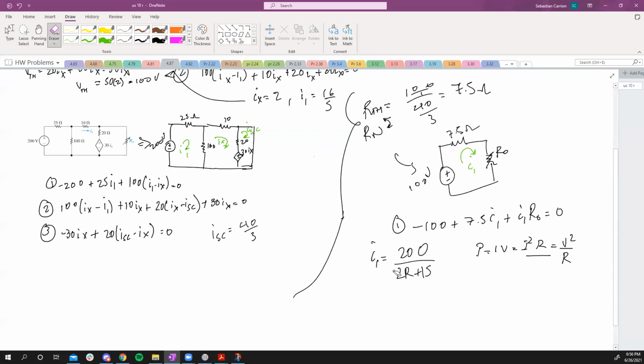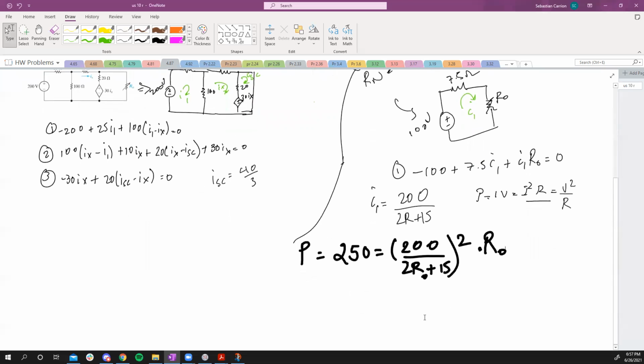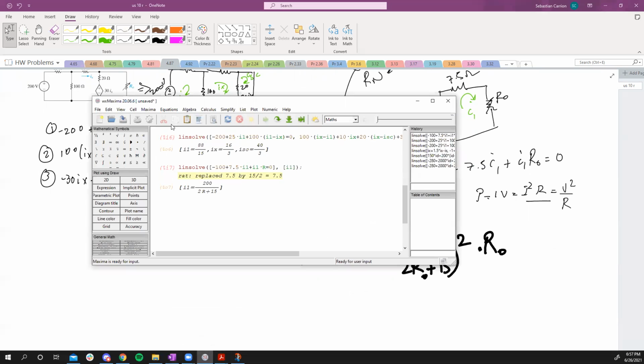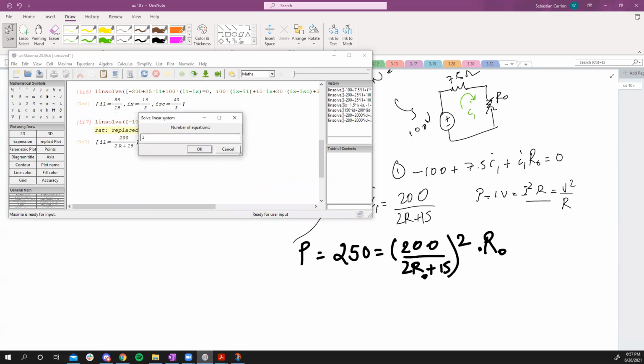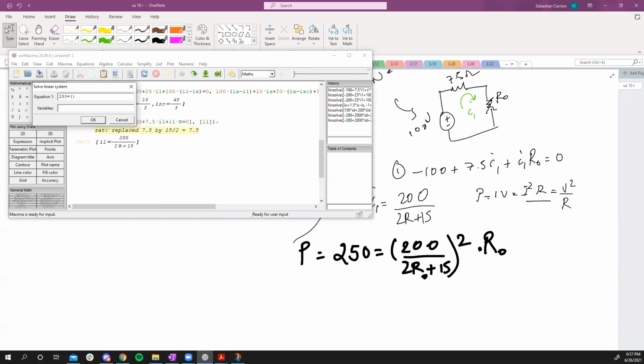So 250 equals 200 over 2R plus 15, squared, times R naught. I don't really want to do the math for this, so I'm going to plug this into the calculator because I'm running out of space. I want to know what R is.